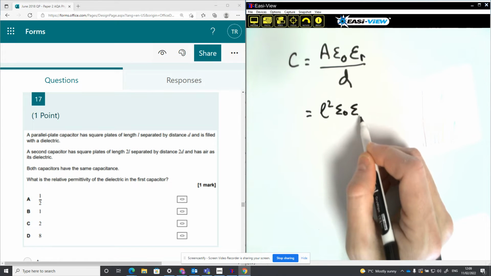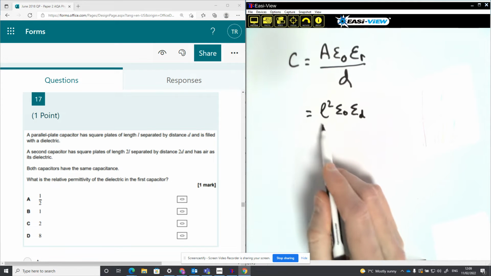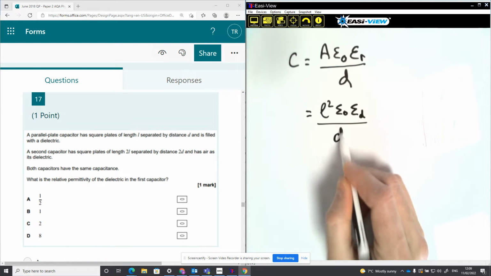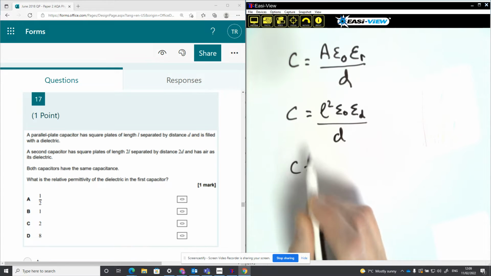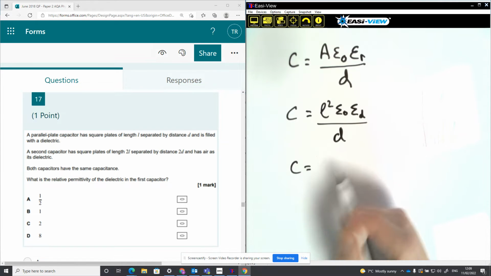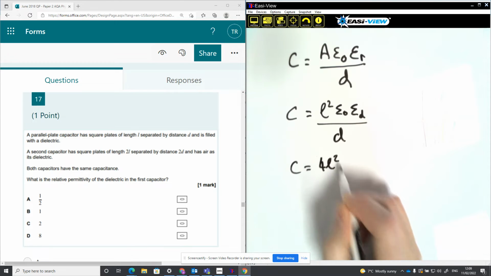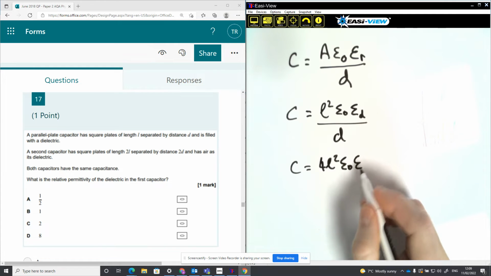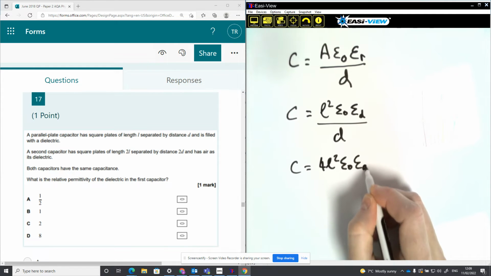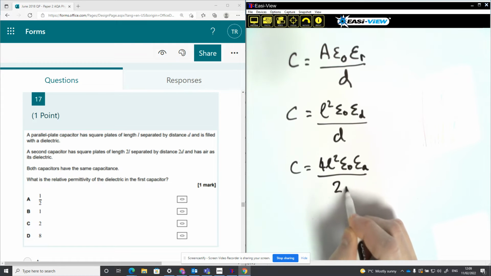And then we have a dielectric, so I'm going to call this epsilon D for dielectric, and then the separation is D, and that equals C. Then we look at the second situation, equals the same C, but this time the plates are 2L, and 2L squared is 4L squared, epsilon naught, and this time we're going to have epsilon air. Okay, so air is the dielectric, and then that separation is different as well, and it's 2D.